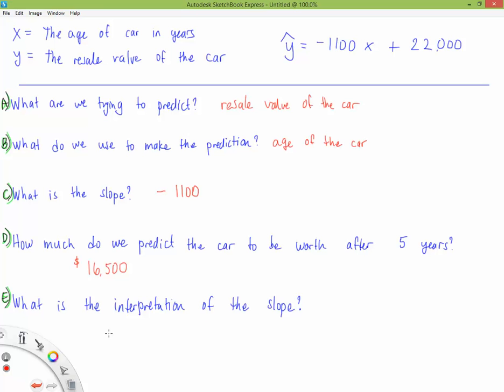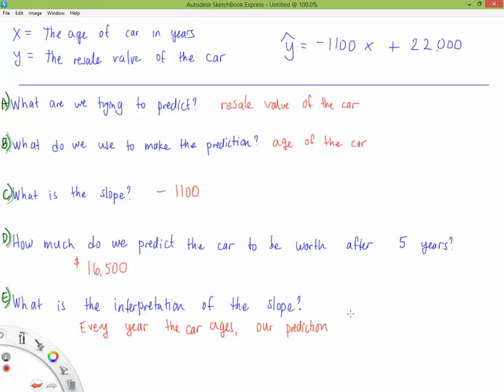Okay, and what is the interpretation of the slope? So that means every year the car ages, right? That's what it means to add 1 to x, right? The slope is every time we add 1 to x, our prediction for y changes by the slope. So to add 1 to x means every year the car ages, okay, our prediction, and it's absolutely important that you keep this word prediction in there, because if you don't say prediction, it means this will happen, okay?